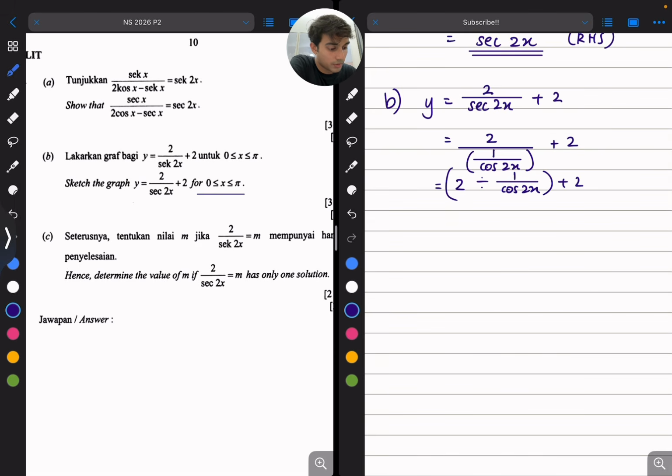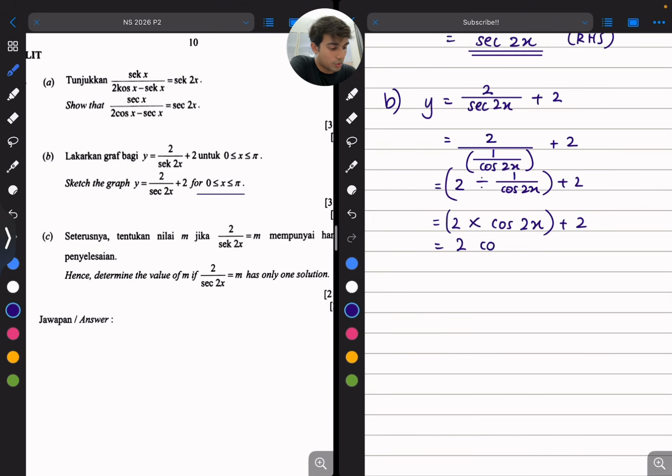Whenever you see fractions in a fraction, it's very complicated actually. So you just change the over into divide, simpler. Then once you have divide ready, you can just change it to times, and then you swap these two, numerator and denominator. So it will be cos 2x over 1, but no need to write over 1.